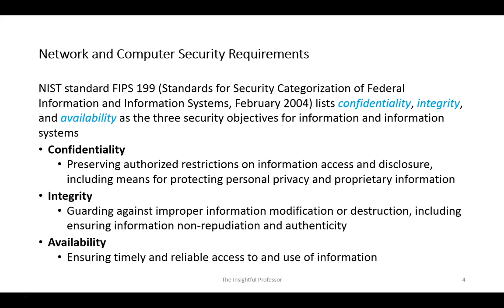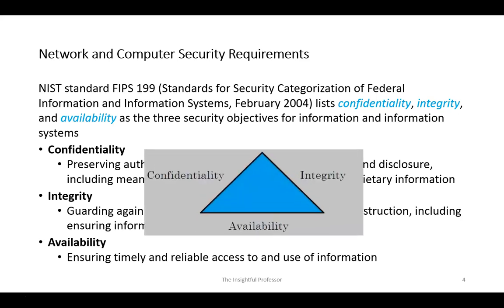And availability ensures timely and reliable access to and use of information. These three concepts embody the fundamental security objectives for data and for information and computing systems. They form what is often referred to as the CIA triad.